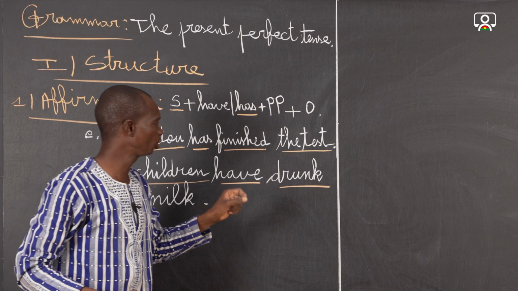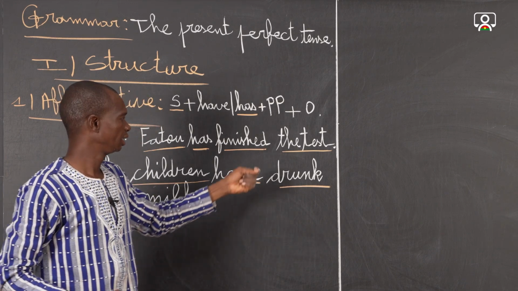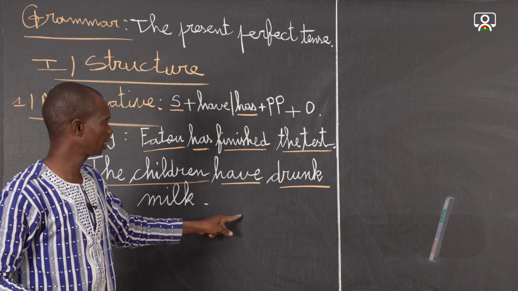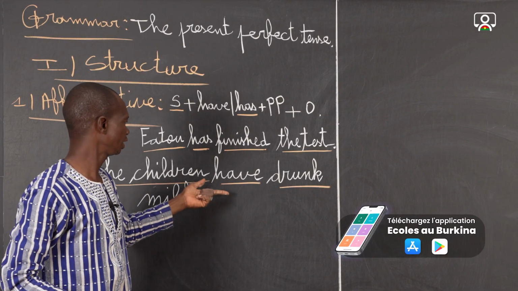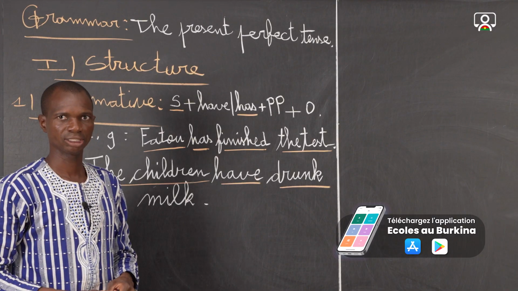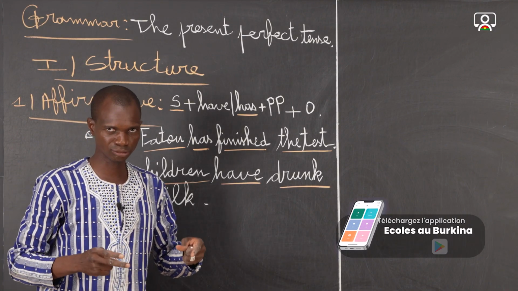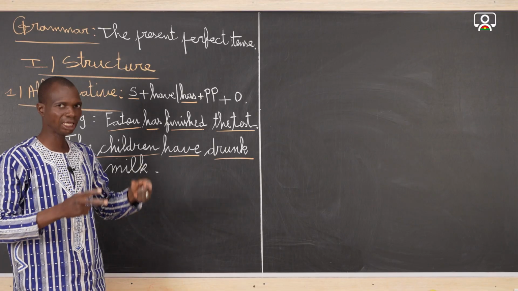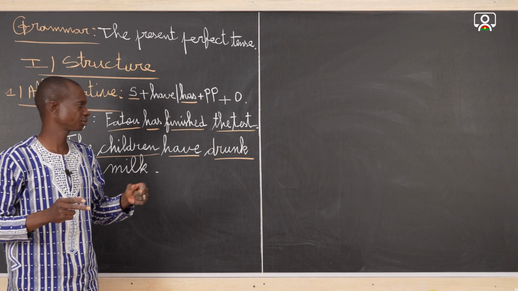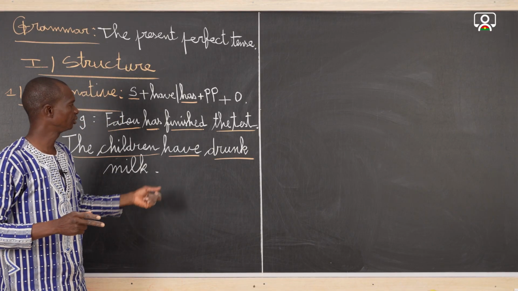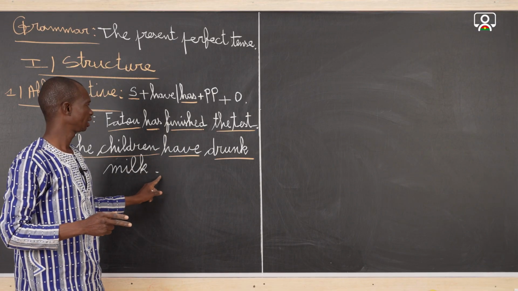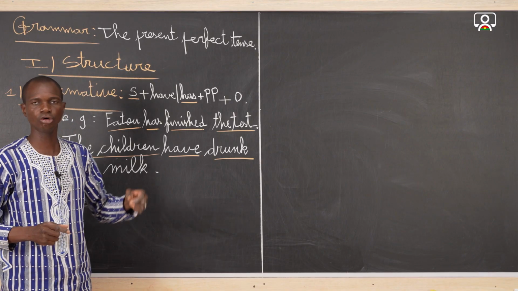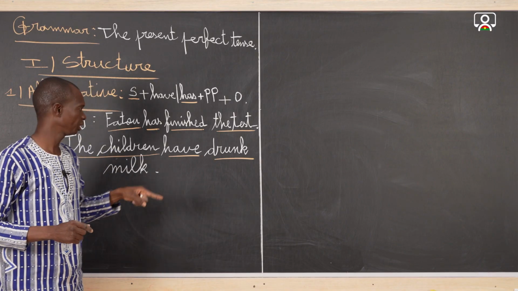If you don't know, for example, the past participle of drink, you cannot conjugate the present perfect with drink. But suppose you learn all the irregular verbs by heart, and you know the past participle of drink, then it is easy for you to conjugate it into the present perfect.